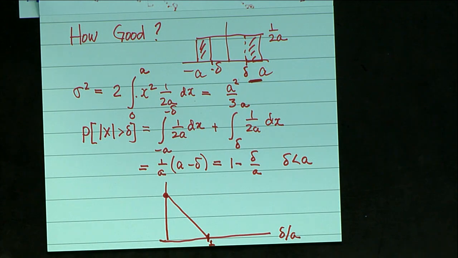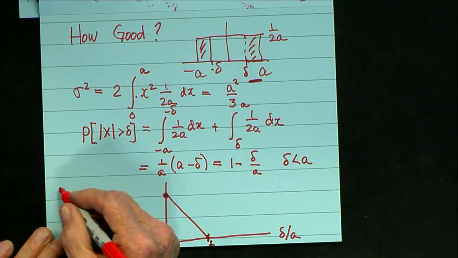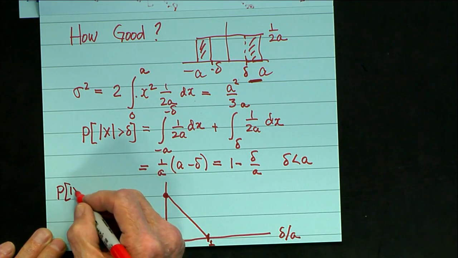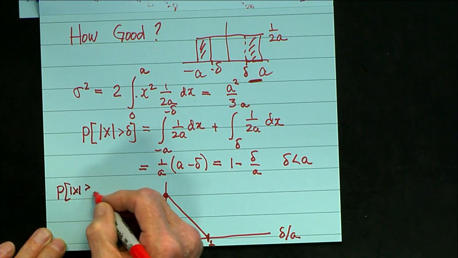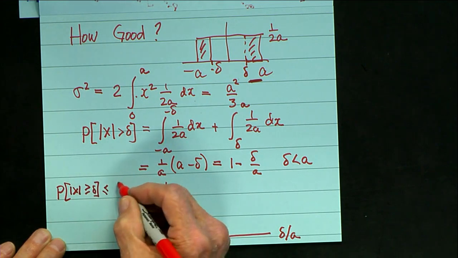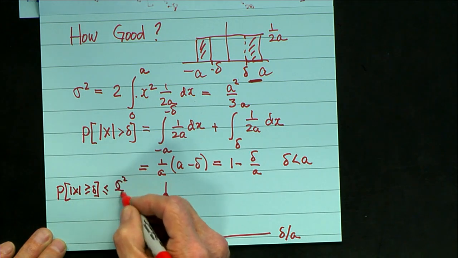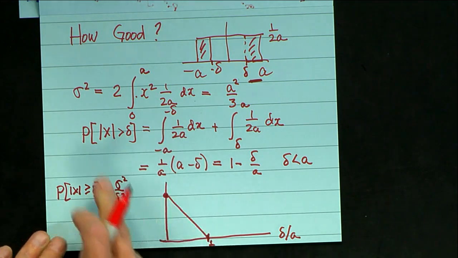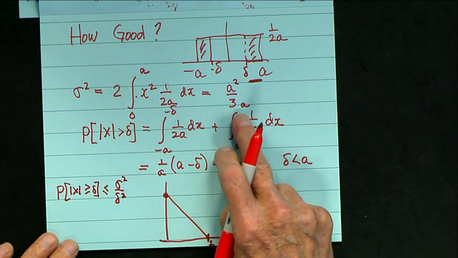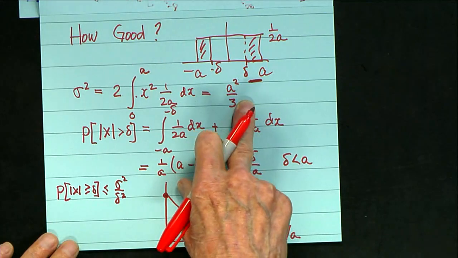But Chebyshev says the probability that x is greater than delta is less than sigma squared over delta squared. We just calculated sigma squared. It's a squared over 3.